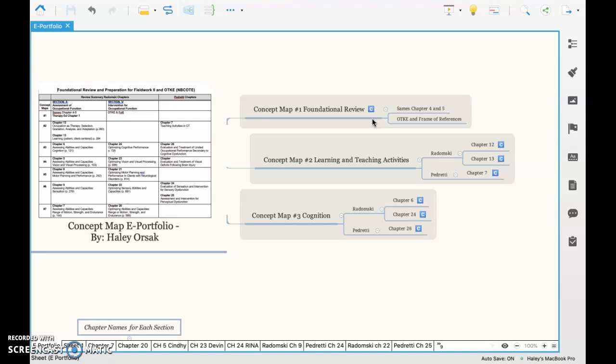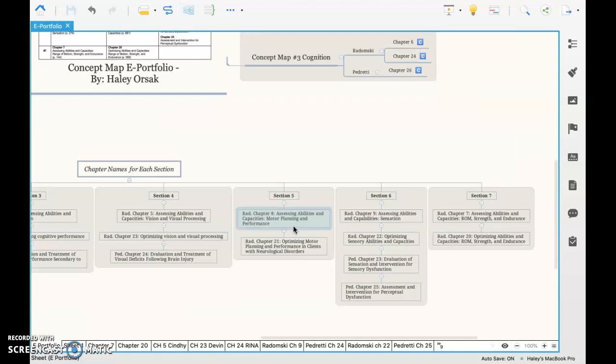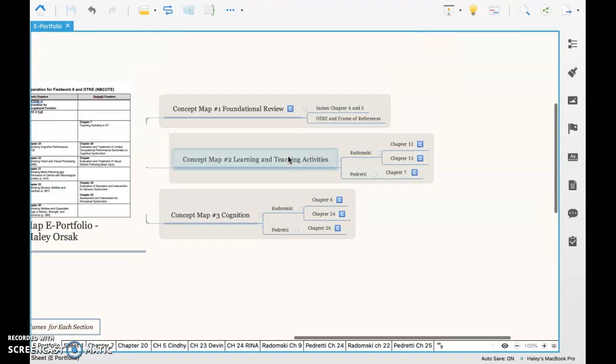Just set up in a way that's organized and that I can understand and not get overwhelmed with the amount of information. So I tried to look for the ones that were super concise and had everything I needed, but not very wordy and detailed. And if I needed to go back in the chapters because I needed to know something more, then I would go to this bottom section here and look for the chapter that I needed.